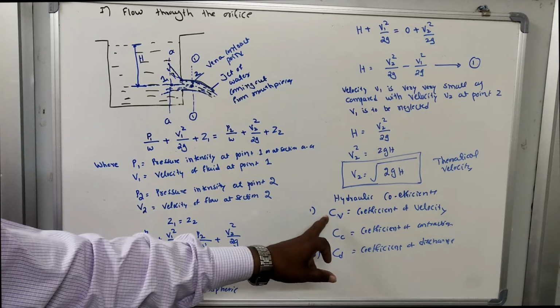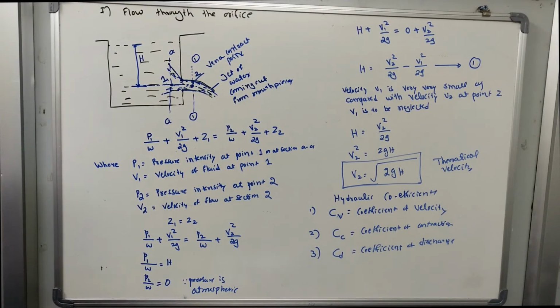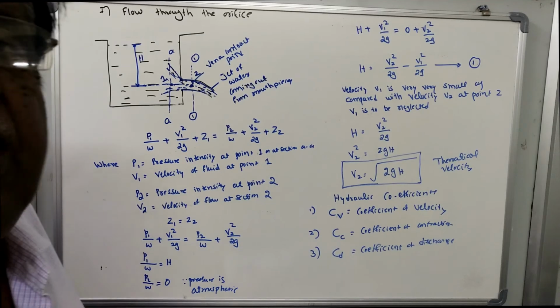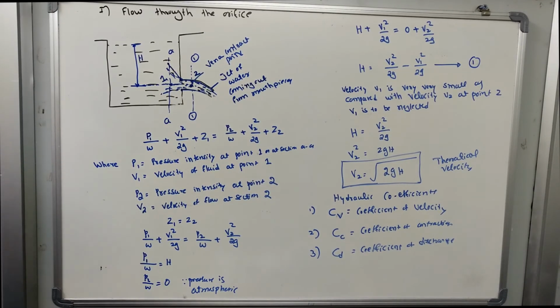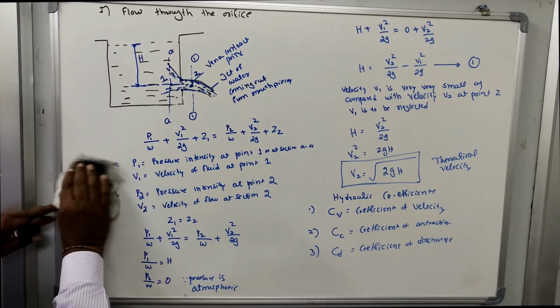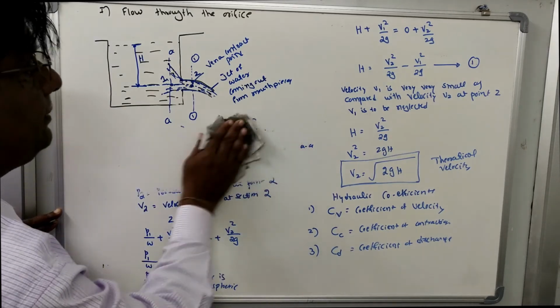So what is CV? CV is the coefficient of velocity, and it is defined as the ratio of theoretical velocity by actual velocity. Okay, so now I will remove this.